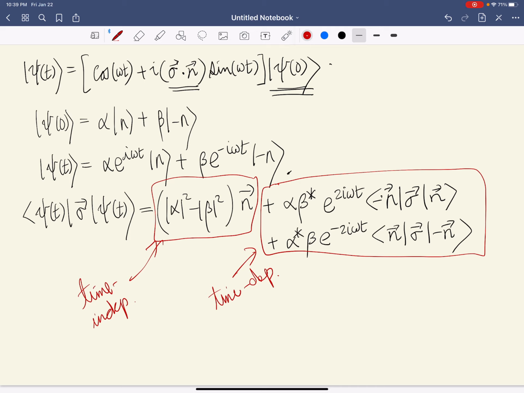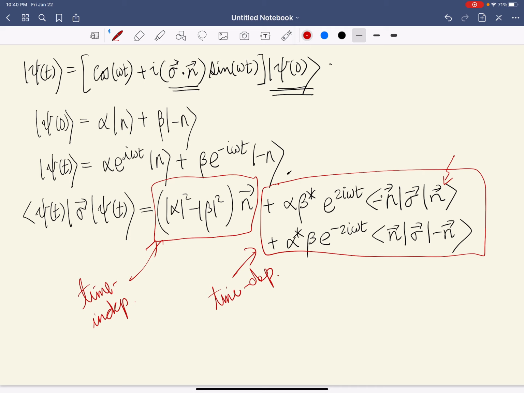Well, to work this out you might have to specify exactly the direction of this n vector. So what do we do?